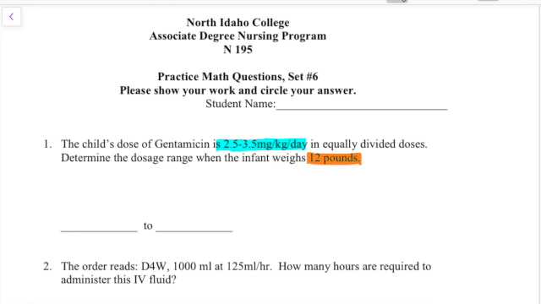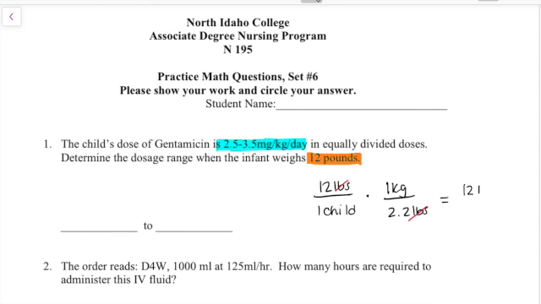First, let's convert pounds to kilograms. So 12 pounds, one child. 1 kilogram equals 2.2 pounds. So cancel out the pounds.